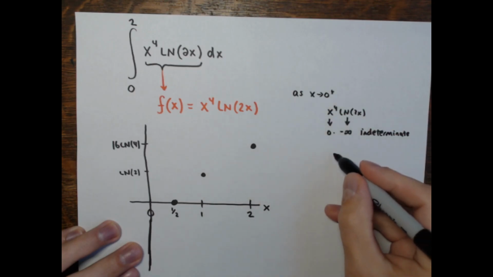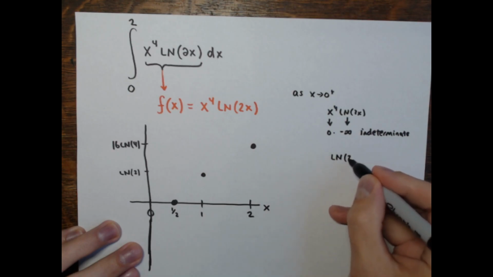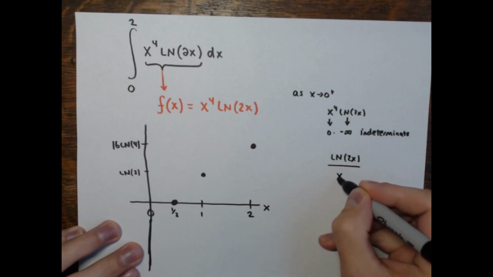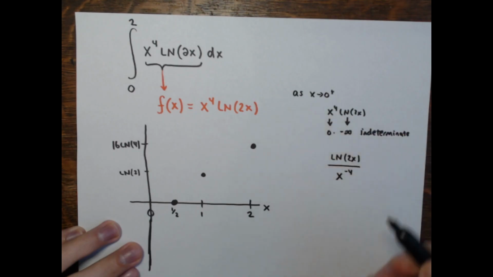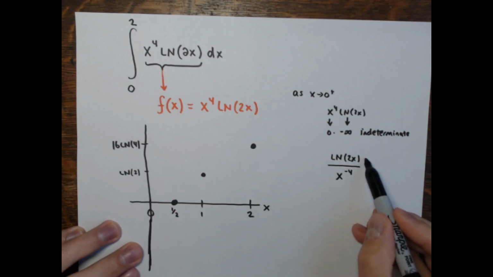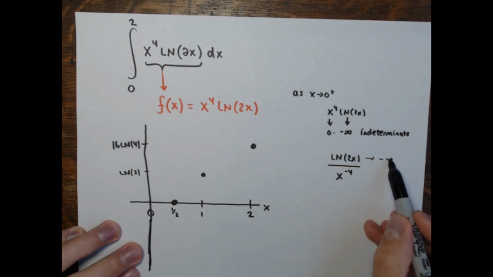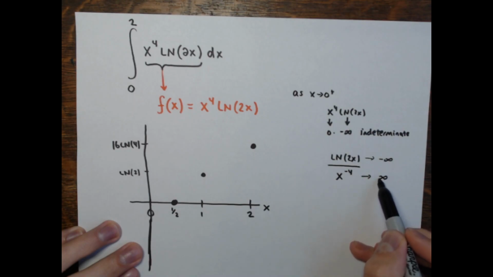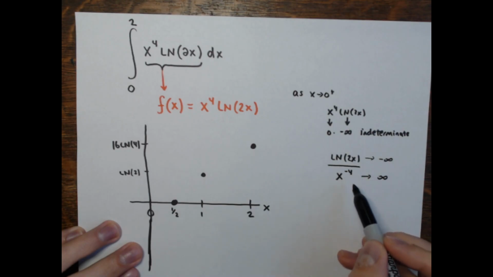So let's rewrite this as natural log of 2x divided by x to the negative fourth. That'd be the same thing as times x to the fourth. Now we have this approaching negative infinity as x approaches 0 from the right. And this would be approaching positive infinity because this would be 1 over x to the fourth, right? 1 over something small, which would be something huge.